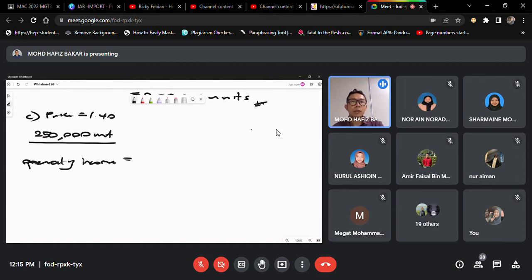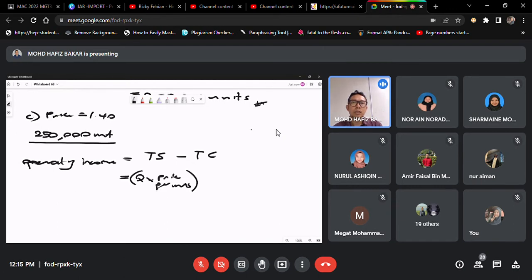Okay, so this formula: total sales minus total cost. Because we want to know the difference. If they sold 250,000 units, so what is the impact on their income? So total sales, you can get the number of total sales by quantities times price per unit.